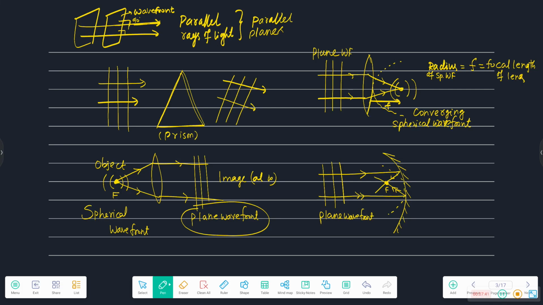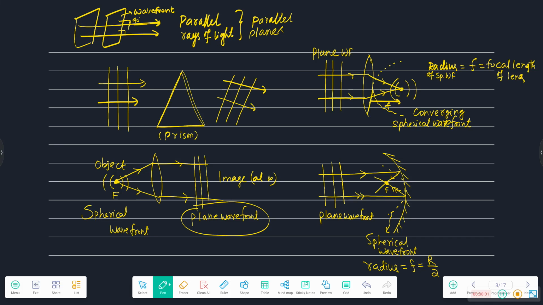So you can write here, this is your spherical wavefront, and its radius will be equal to f, the focal length of the mirror, or basically the radius of curvature by 2.